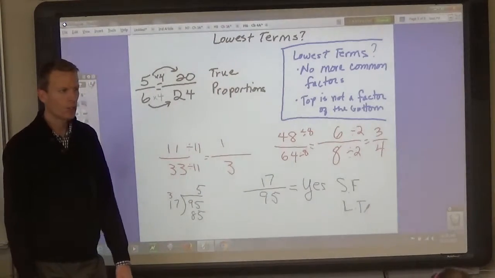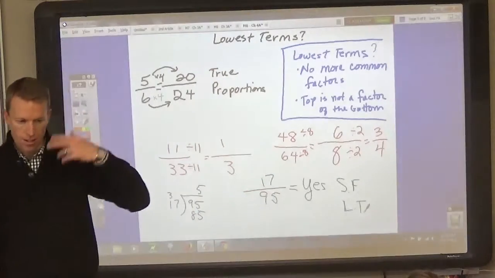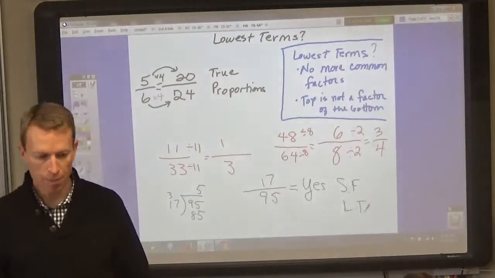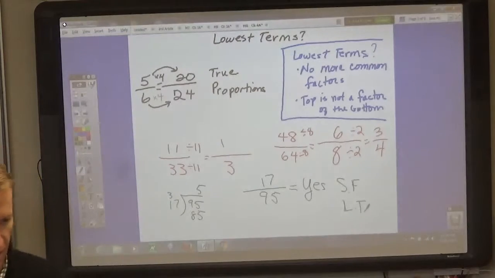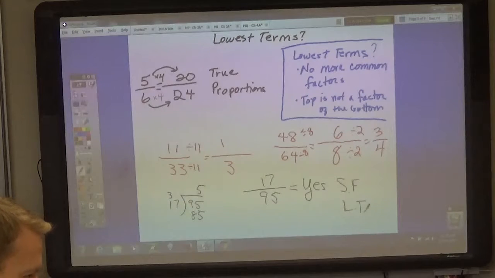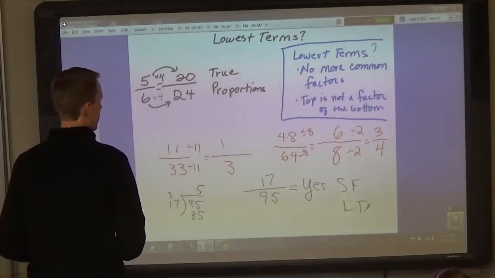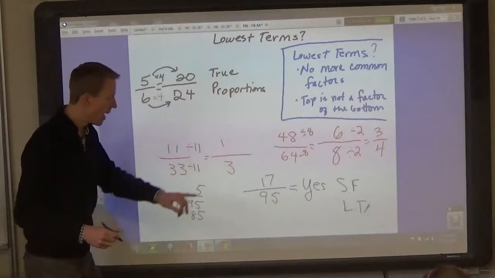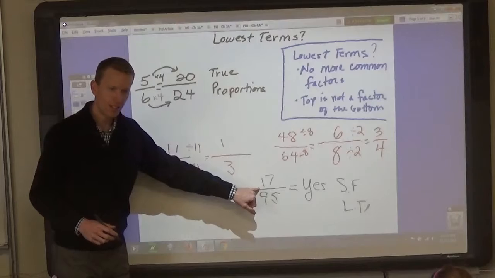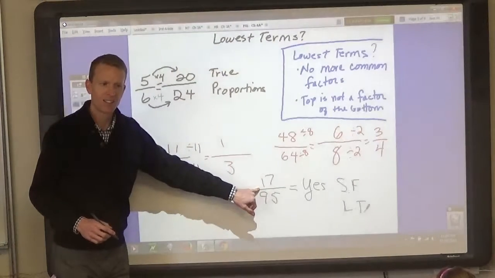Okay? So you can check big numbers just by remembering the rules that we worked on last chapter of what goes into what. Remember the prime numbers we talked about. How do you figure out if 3 is a factor? You add the sum of the digits. Does 3 go into 17? No, because it's prime.